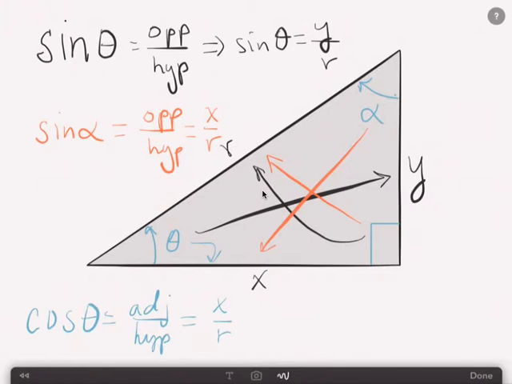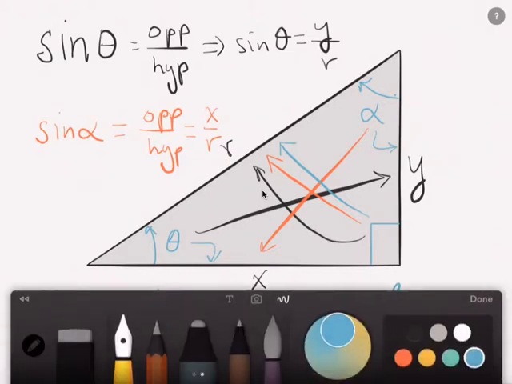All right. If we do the cosine of alpha, it's still adjacent over the hypotenuse, and in this particular case, what's right next to it is y over our hypotenuse, which is r. Okay, I'm hoping that everybody's flowing with that so far.